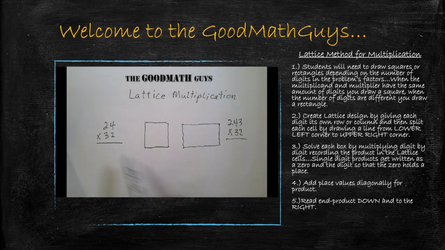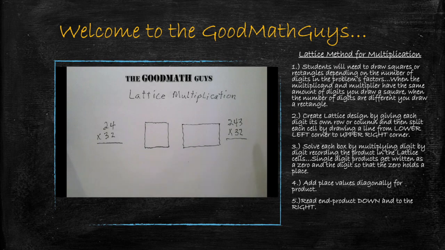So let's take a look at the problem that we've been doing in the past shows on multi-digit multiplication, which was 24 times 32. When the number of digits in the multiplicand, that's the 24, and the multiplier, that's the 32, are the same, we draw a square. It doesn't have to be perfect, just as close to a square as the kids can possibly do.